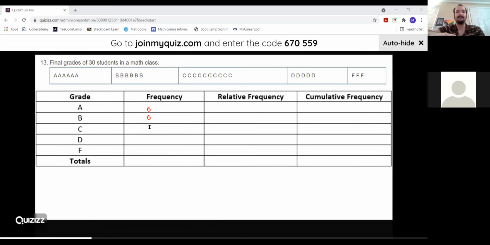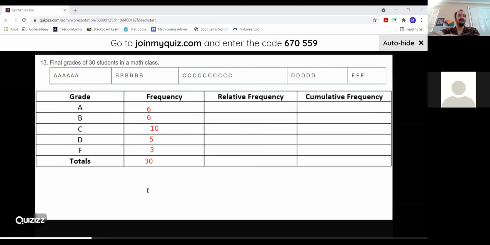How many C's? 10. How many D's? 5. And how many F's? 3. And to check, they tell us there are 30 students in class, so if we count up all of these, we should have 30 grades. 12, 22, 27, 30. Looks like it.